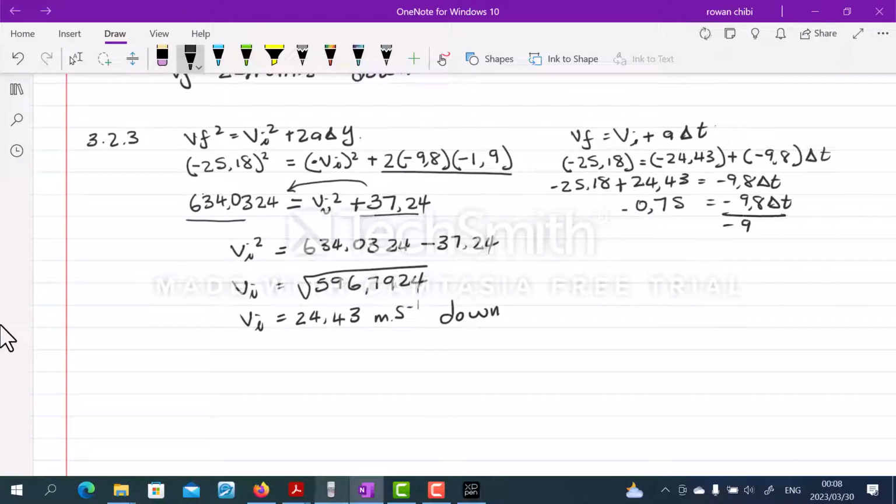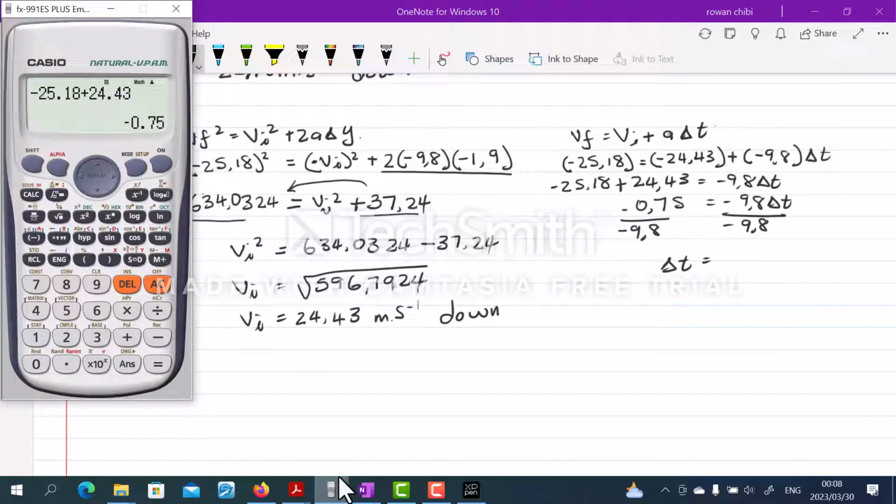So we divide by negative 9,8 on both sides. So delta t becomes 0,75 divided by 9,8. So the final answer is 0,077.